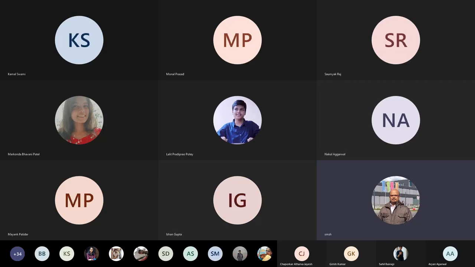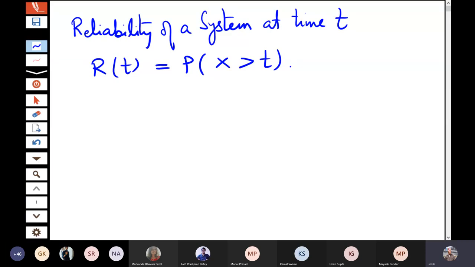Probability that at a particular point of time the system is functioning. So we define the reliability of a system at time t, whose life is described by X. If X is the random variable, then this is defined as R(t) is equal to probability that X is greater than t.